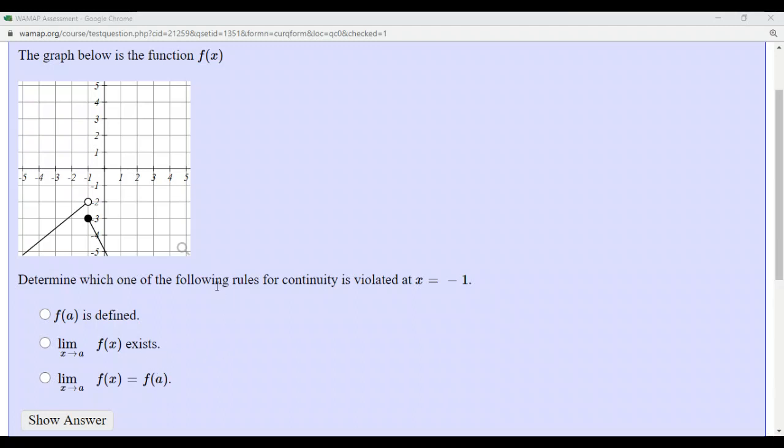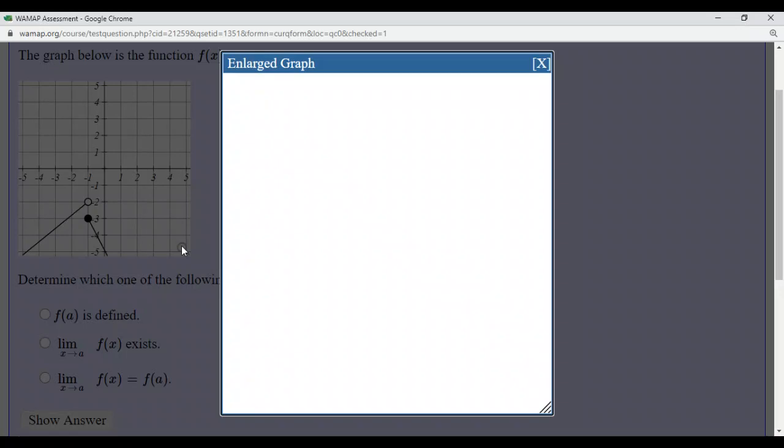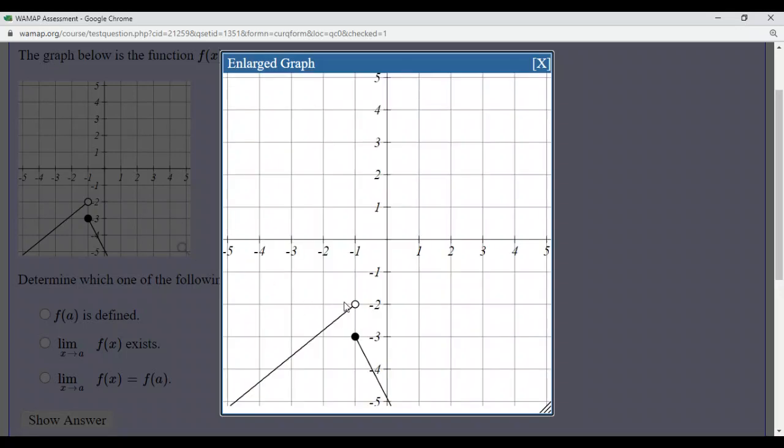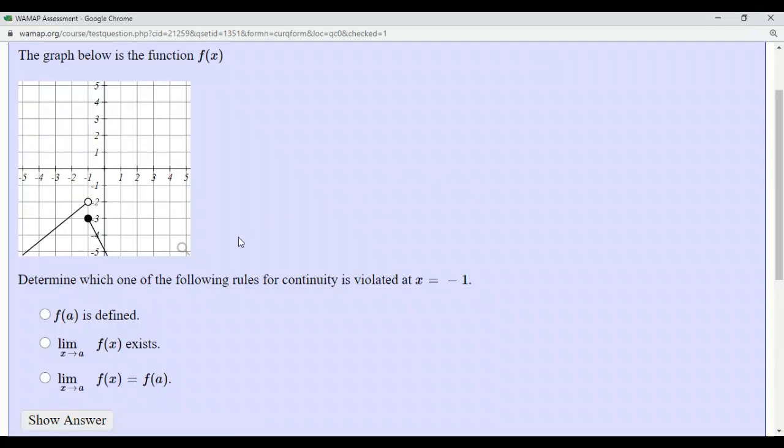So for this kind of graph, rule number 2 and rule number 3 are both failing. But the problem is programmed, and here's the good thing about it. This problem with the software that I'm using is smart enough to tell between these 2 rules which one is at higher priority.